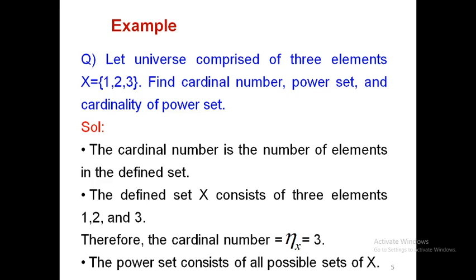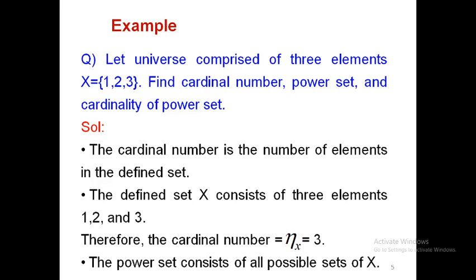Let us consider that the universe comprises three elements. The universe of discourse is represented with capital X, which is equal to {1, 2, 3}. Three numbers are there. Find the cardinal number, power set, and cardinality of the power set. Coming to the solution, to find the cardinal number, what is the cardinal number?